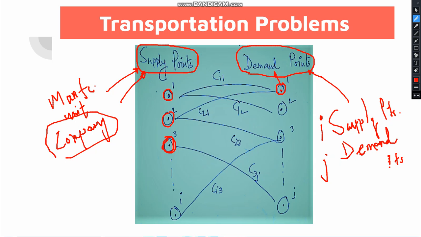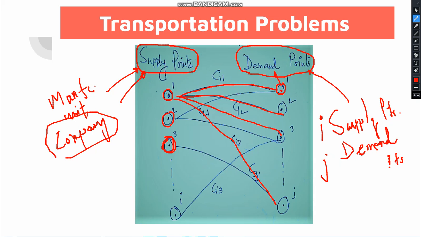Now, what is the condition? The condition is that material can be transported from each supply point to each demand point. Like from supply point 1, you can deliver the material here, here, here, and also here.